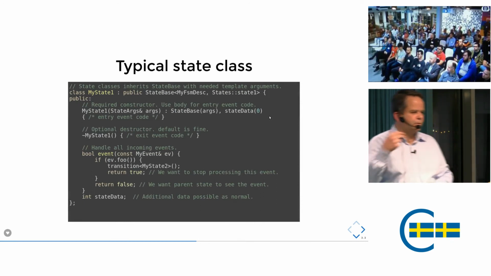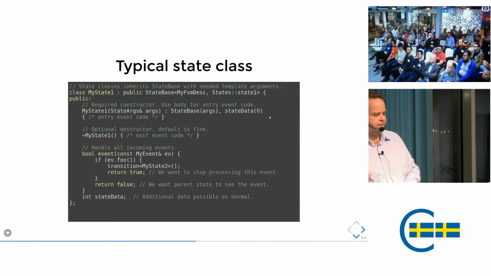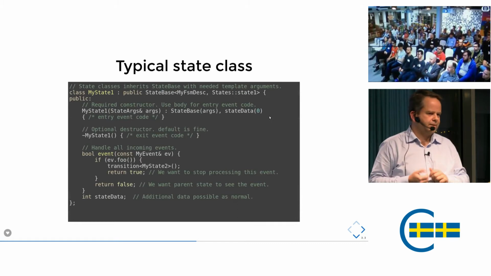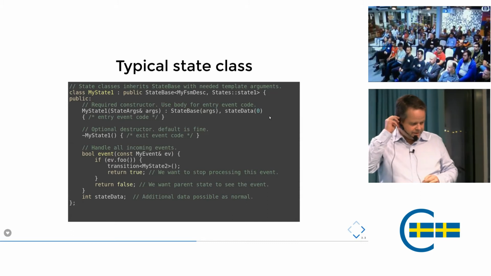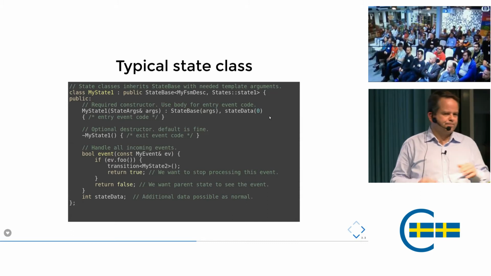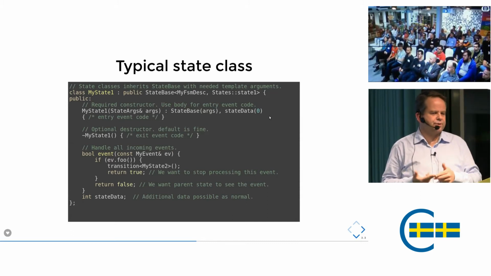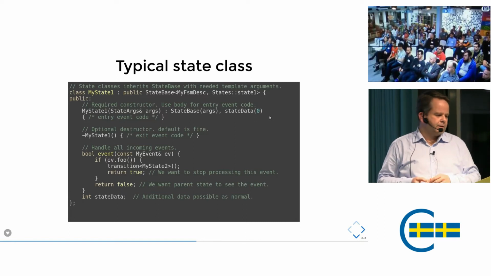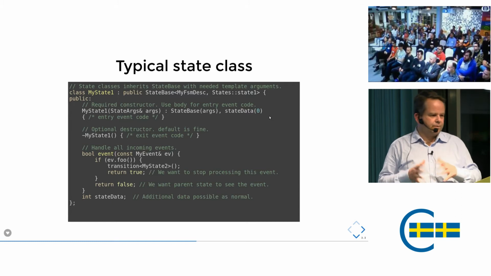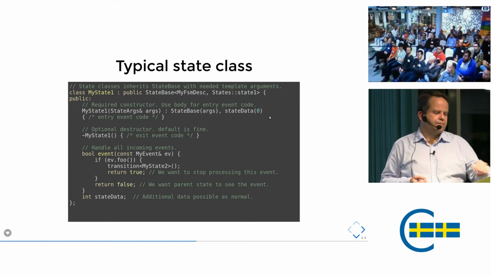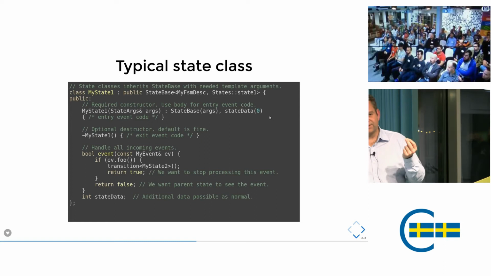So now if we go into the state machine itself and look into a state, how does that look? Class my state. It needs to inherit from StateBase. That gives us a couple of functions you can use in your state class. It's also templated on this description class, so you have all that. And you have a dual representation of states here.